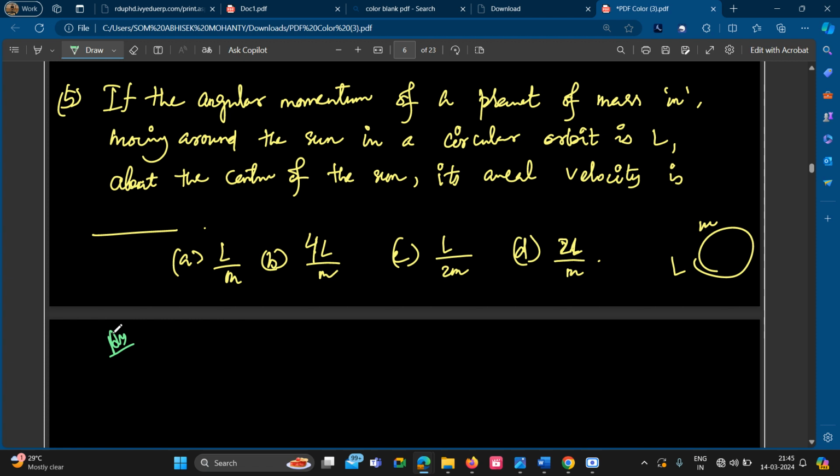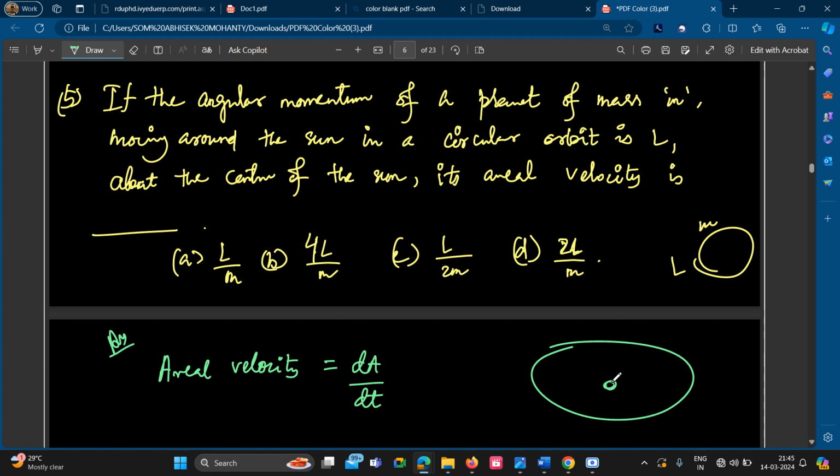Formula for areal velocity is actually dA by dt, the amount of area covered by that planet. Suppose this is the sun, and this is a planet that moves like this from here to here.